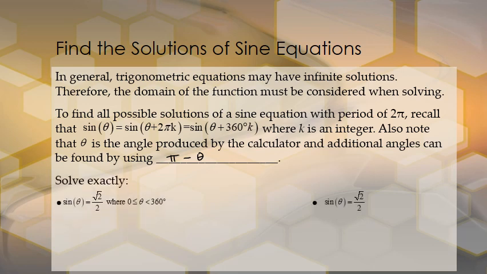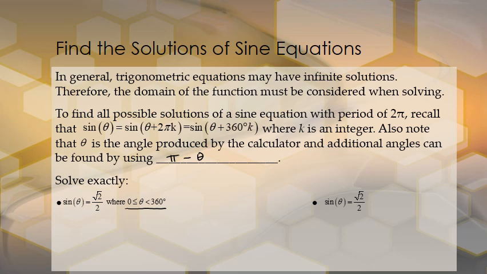For angles that we do have memorized, we saw this one earlier with cosine, we should be able to just use our knowledge of the unit circle. So sine of theta equals root 2 over 2, and I am on the domain of 0 to 360 degrees. So think about this for a second. Where's the sine positive? That's in quadrant 1 and 2.